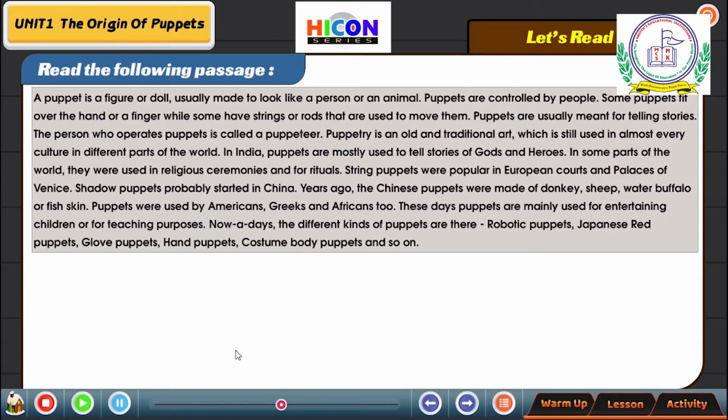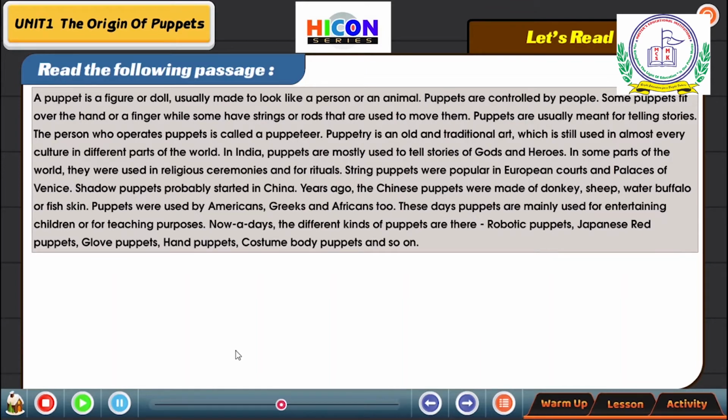Puppets are usually meant for telling stories. The person who operates a puppet is called a puppeteer. Puppetry is an old and traditional art which is still used in almost every culture in different parts of the world. In India, puppets are mostly used to tell stories of gods and heroes.